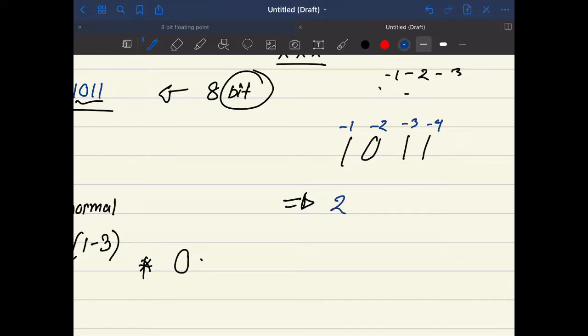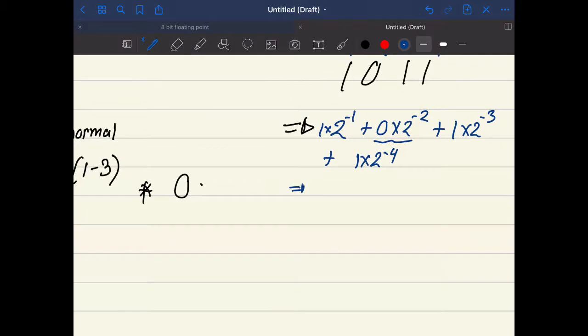So 2 to the power 1 into 2 to the power -1 plus 0 into 2 to the power -2. You can just not write the value for the 0, plus 1 into 2 to the power -4.